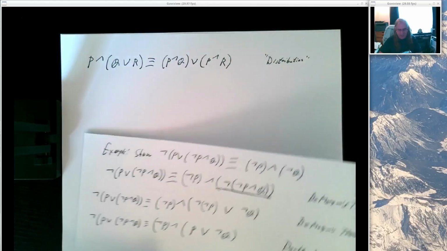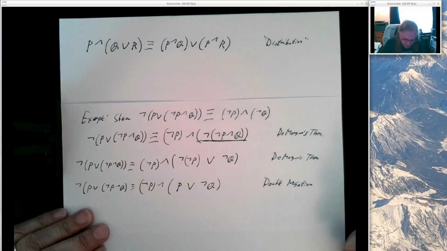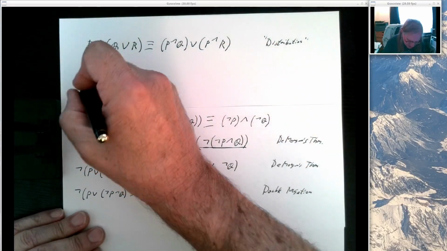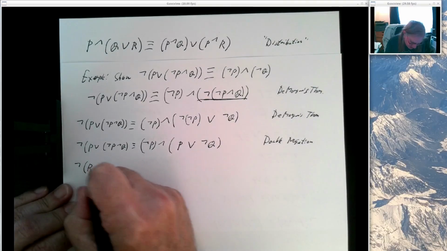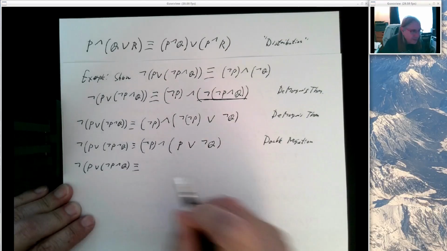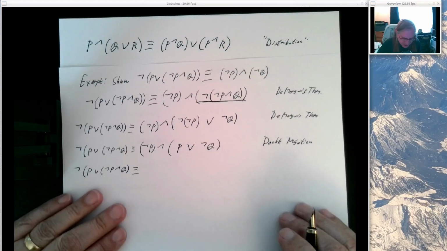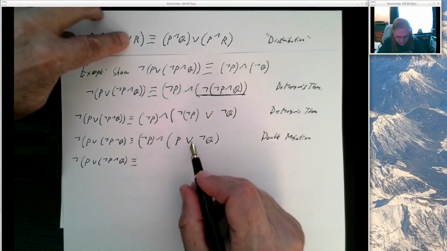Now I could do this with boxes, triangles, and circles, but let's do this one a little bit in our head. So let me rewrite my left side. Not P or (not P and Q) is logically equivalent to, okay, so I have something ANDed with something or something.